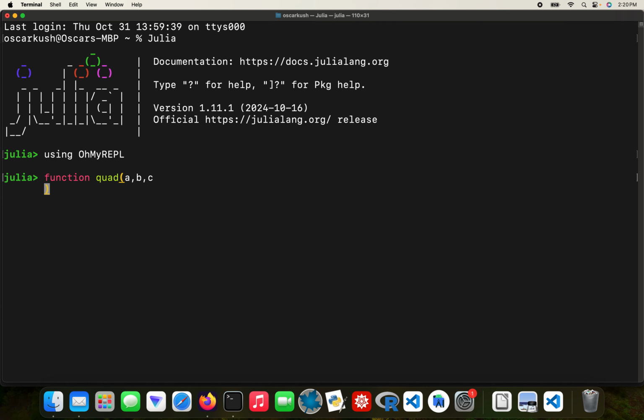Then x is equal to minus b plus square root, and complex, because you need to use the complex part in case you get complex roots. So b squared minus 4 times a times c, and all divided by 2 times a.